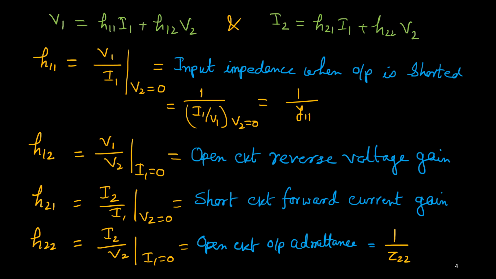And it has lots of application, especially in active devices like BJT, MOSFET. There we can use this H parameter to model those BJTs and MOSFETs, right? Now, I'll show you how to get the circuit for these H parameters, right?